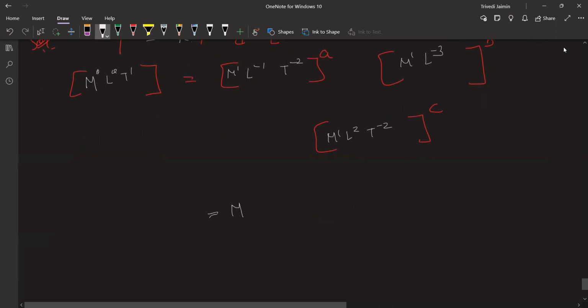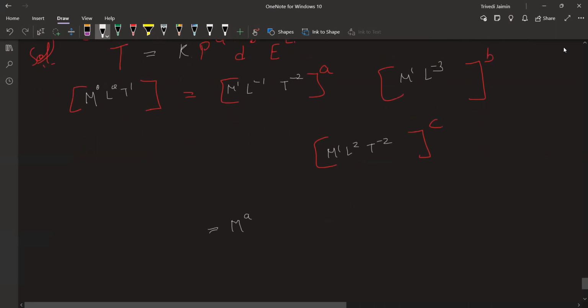M, A from here. In B, do we have it in B? Yes. Plus 1B plus C. Then L: minus A minus 3B plus 2C. T: minus 2A, 0B, minus 2C.